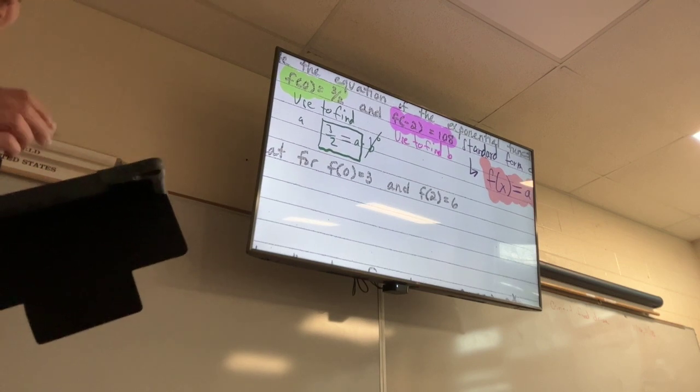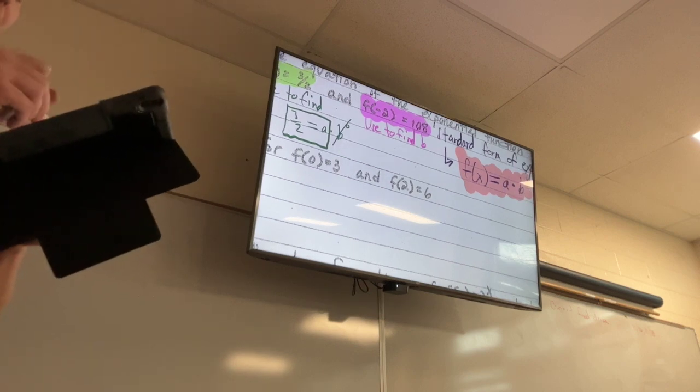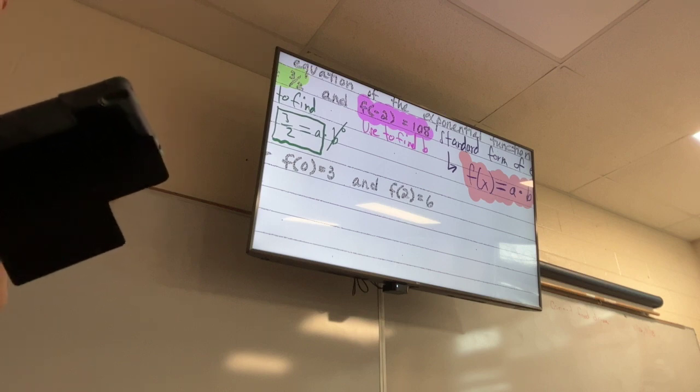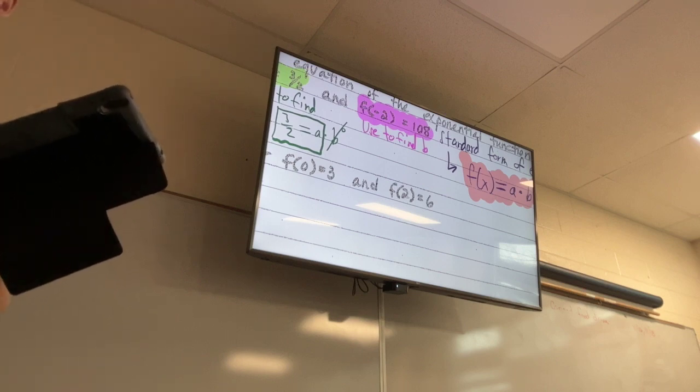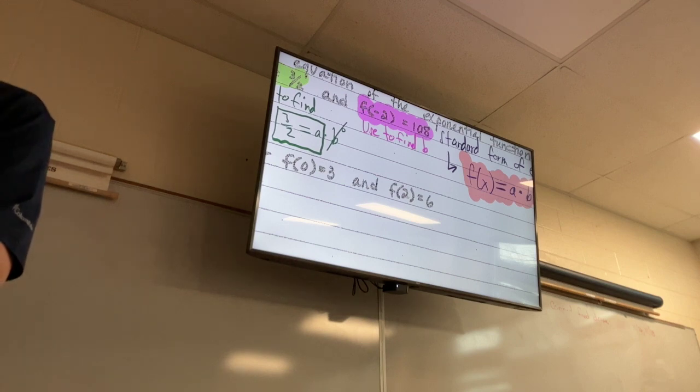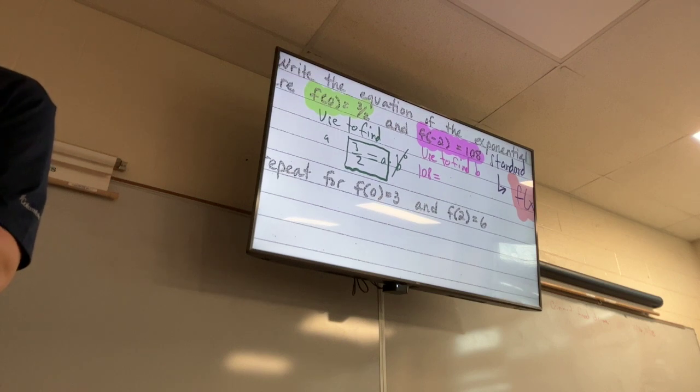Now we go to the pink stuff. We plug everything in. So what do I plug in for f of x here? Silas? And negative 2 is my x. What do I plug in for f of x? What does it say f of x equals? 108, yeah. What do I plug in for a? What did we say a is equal to? 3 halves.